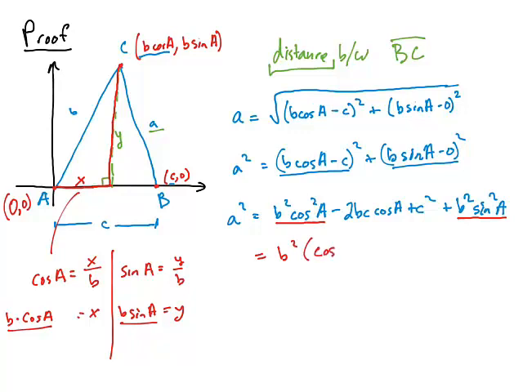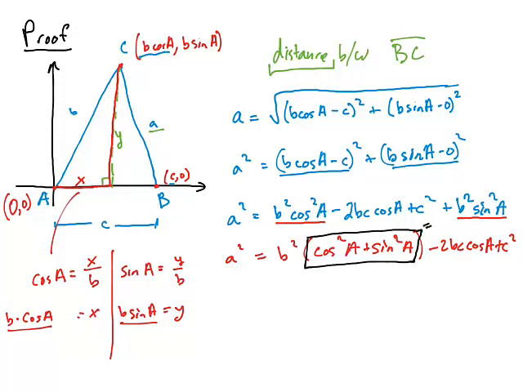We're left with b squared times cosine squared A plus sine squared A, minus 2bc cosine A, plus c squared, all equal to a squared. What we notice is that the cosine squared plus sine squared is the Pythagorean identity, which is equal to 1. So we end up with a squared is equal to b squared plus c squared minus 2bc cosine of A.